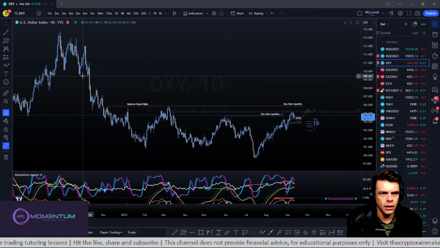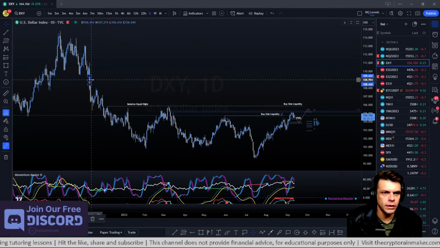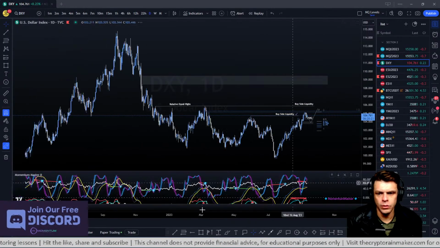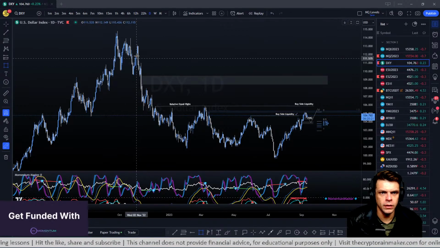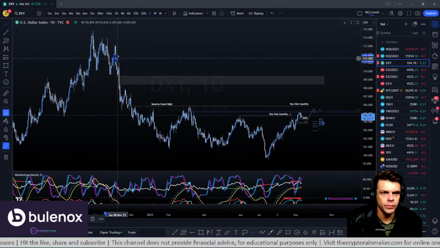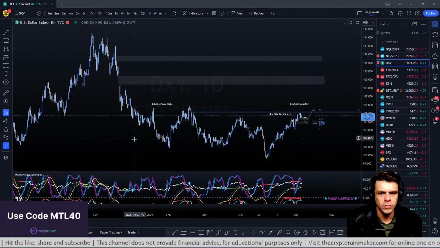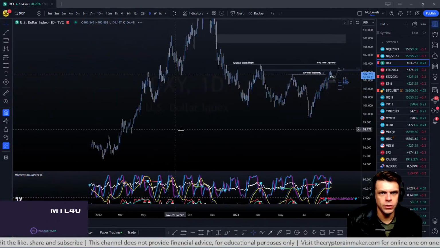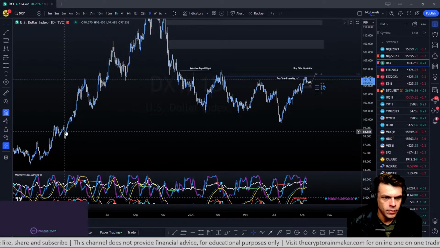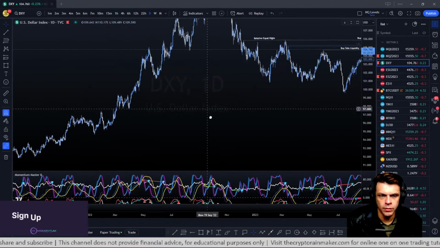Also, unclaimed fair value gap in between these three candles. And there's another one right there. So there's a bunch of unclaimed inefficiencies on the dollar. Let's see what is to the downside. Little one right there.